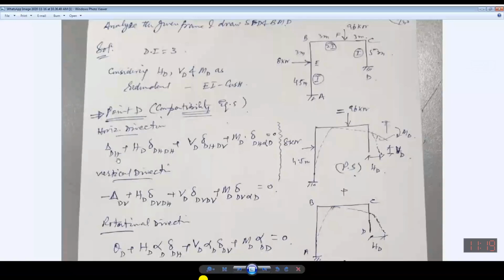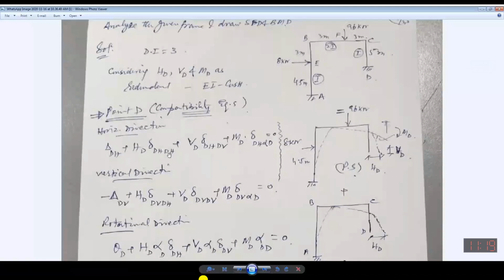If I have applied horizontal force, then it will give you the displacement. It can be shown by HD into delta DH, the displacement due to unit load at point D in the horizontal direction, where unit load has been applied at D in the horizontal direction.